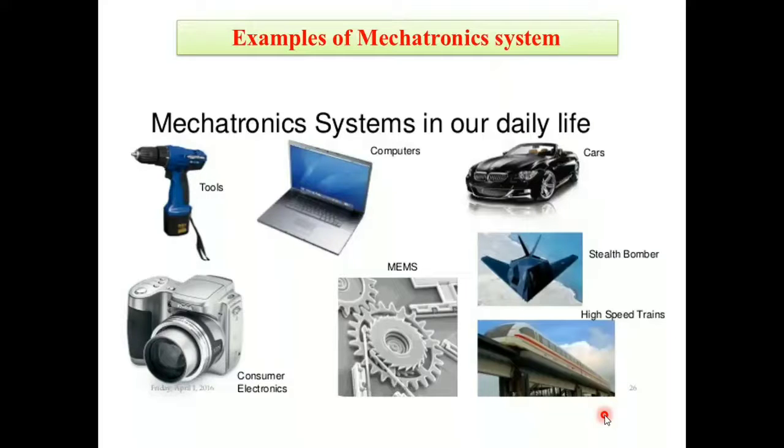So now let's come to some examples of mechatronic systems. We can see some mechatronic systems in our daily life. Here are some tools that we regularly see in our daily life: computers and cars, digital cameras, and with MEMS we construct some patterns, and high-speed trains.